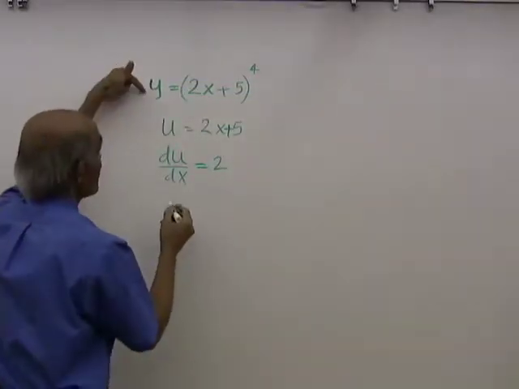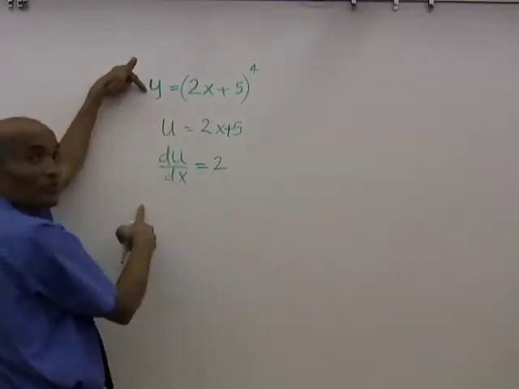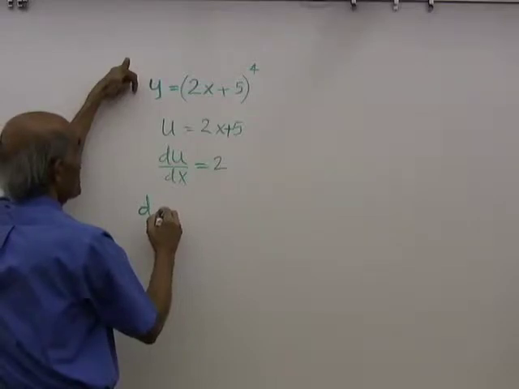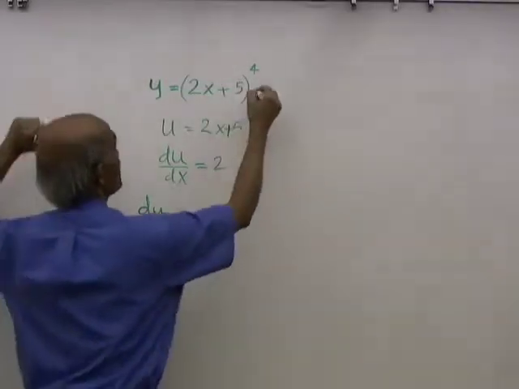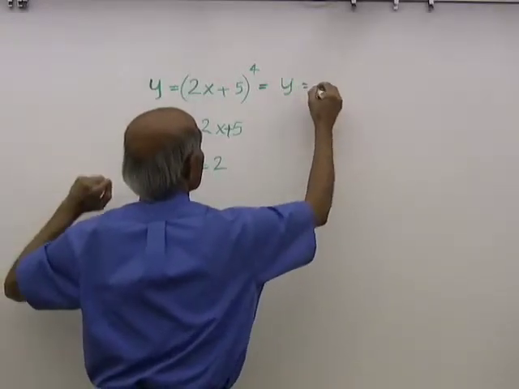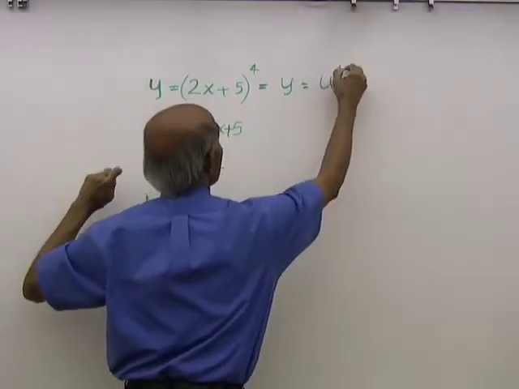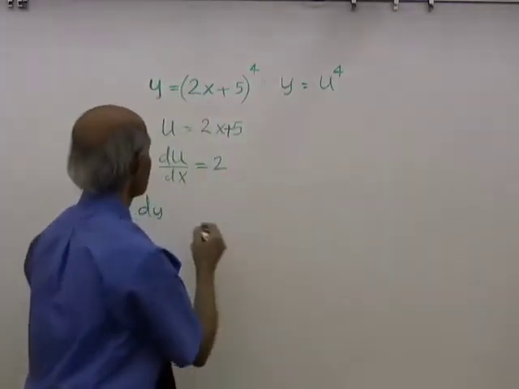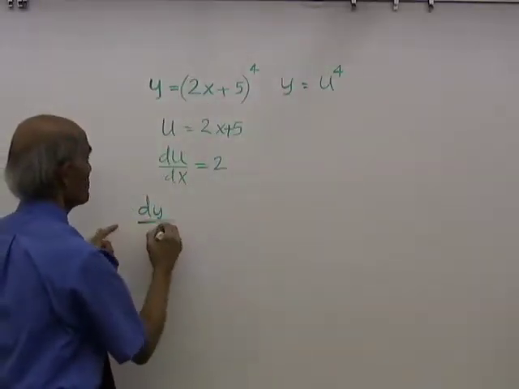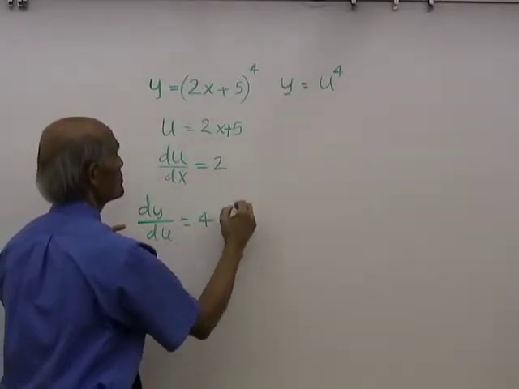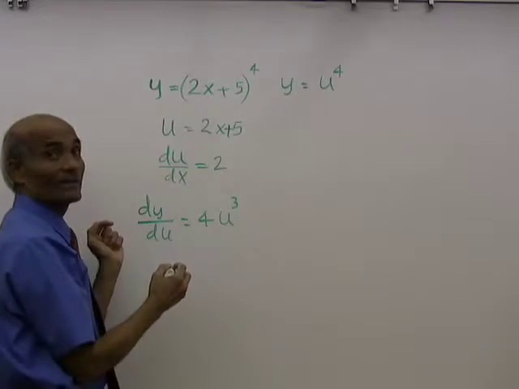And then we used the original expression. We found our dy by du because we said our y equal to u to the power 4. Now, when y equal to u to the power 4, we found dy by du equal to 4u to the power of 3.